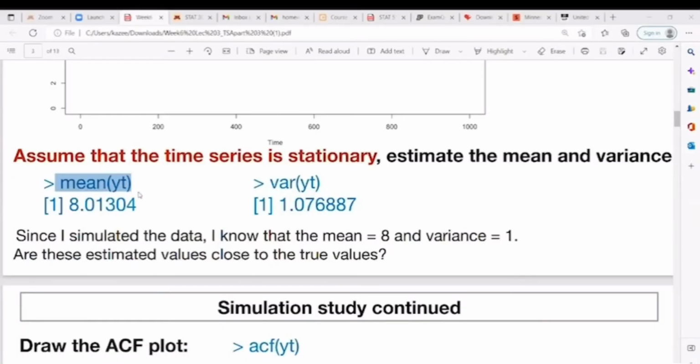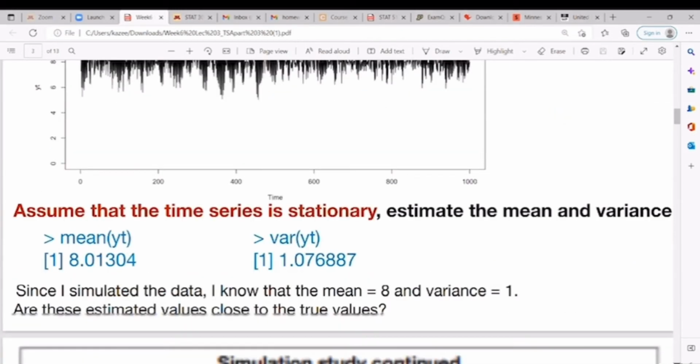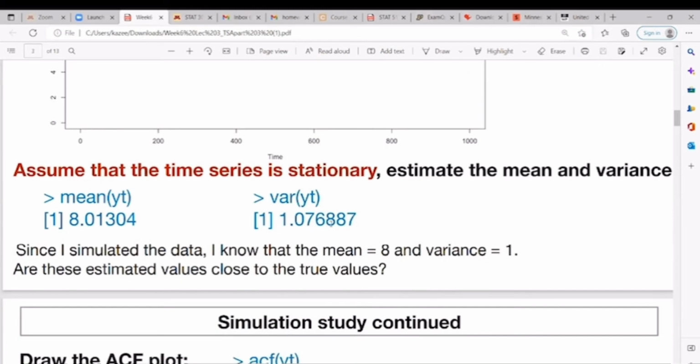So when you have the data set, you can find the sample mean and the sample variance. Don't forget the sample mean and sample variance are different from the theoretical ones. This is the theoretical mean, and this is the theoretical variance. The theoretical variance is 1, right? What do we get for the sample variance? The sample variance was 1.076887.